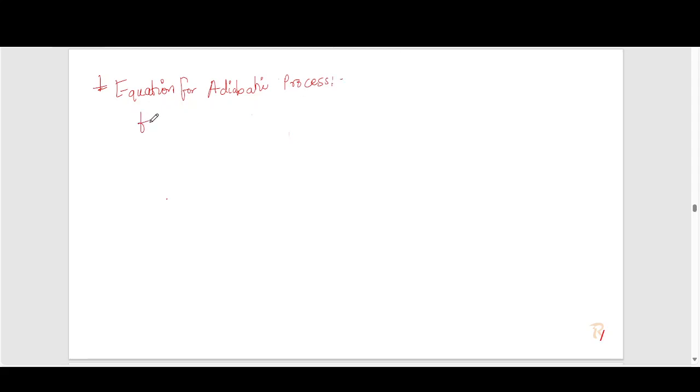From the above result, we know that PV to the power of adiabatic exponent gives me a constant value.